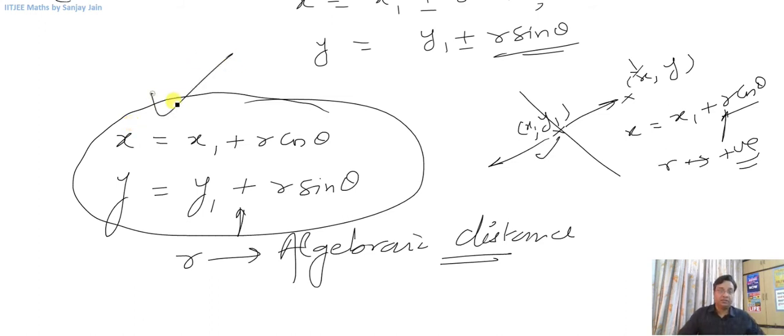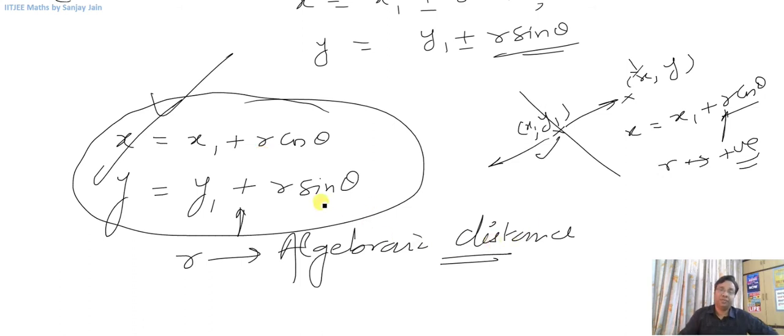So these two forms, or this parametric form, will take care of the fact that the point is above it or below it. So r is the algebraic distance. R will be positive when the point is above or on the right of the given point, and it will be negative when the point is on the left of the given point.